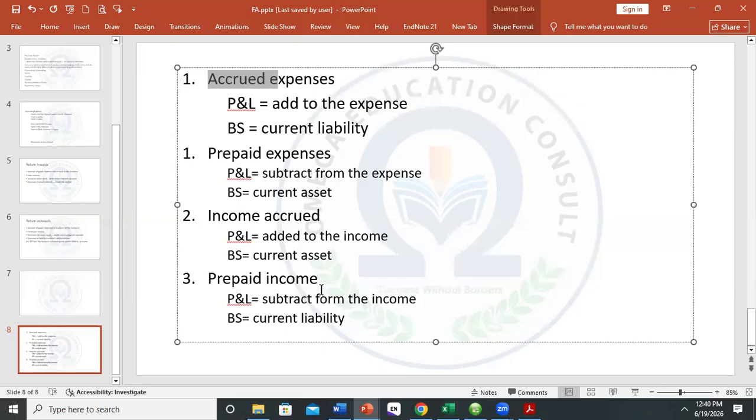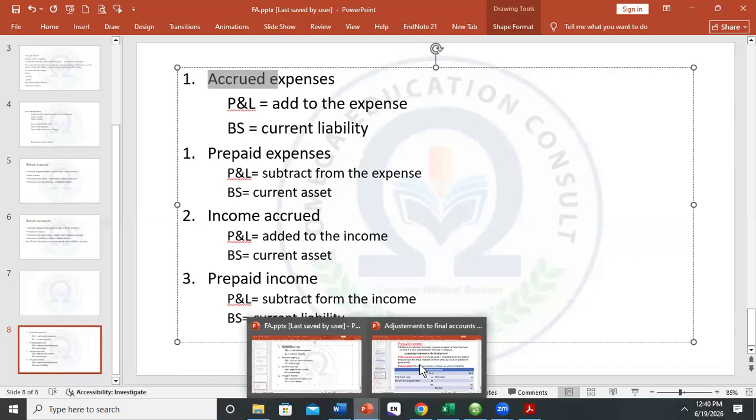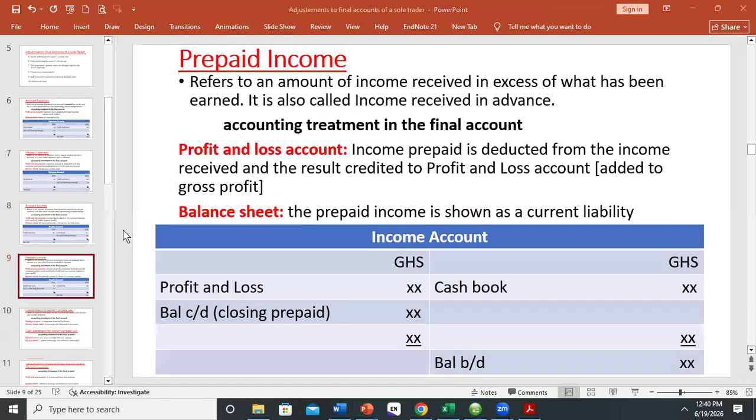But when they go to the balance sheets, they behave differently. Even then, the accrued expenses and the prepaid income are the same current liability. Then the prepaid expense and accrued income are current assets. So please get comfortable with the adjustments. So 4 down, let's continue to see the others.